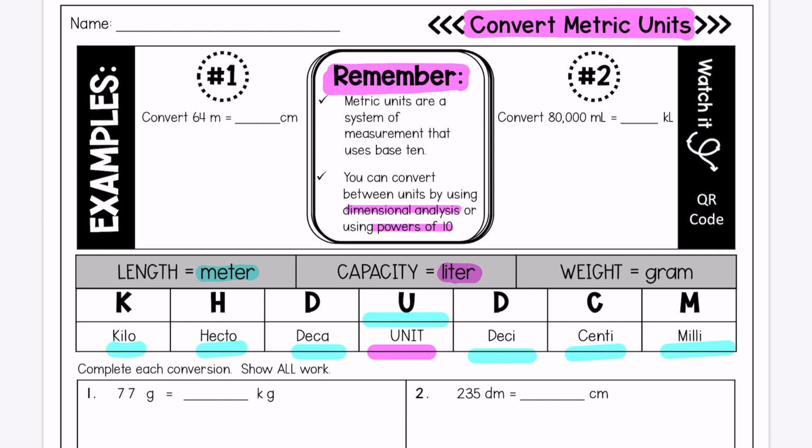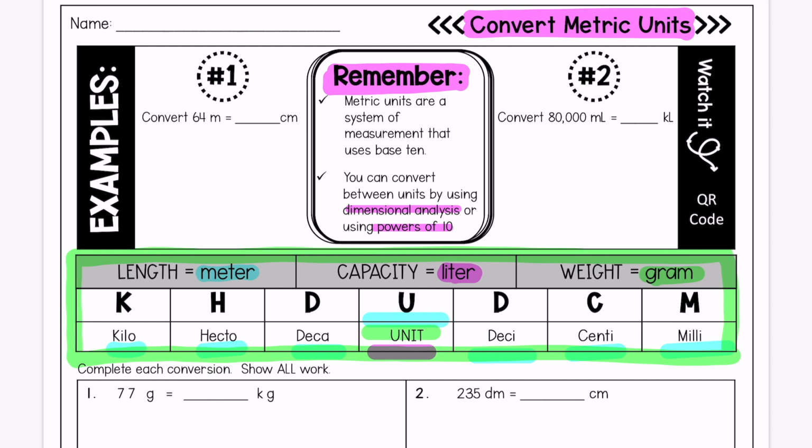And then for weight, in the metric system, we use gram. And gram, again, is that root word, is your unit. And then each one of these, kilo, hecto, deca, gram, then the gram, then decigram, centigram, and milligram. So you use this entire thing to help you do your conversions in your metric system.